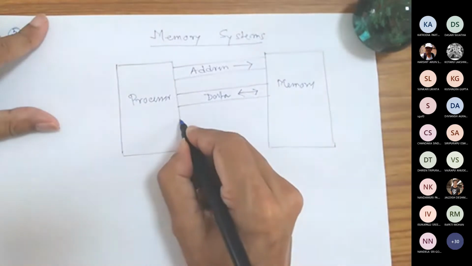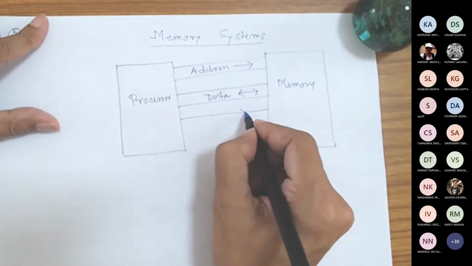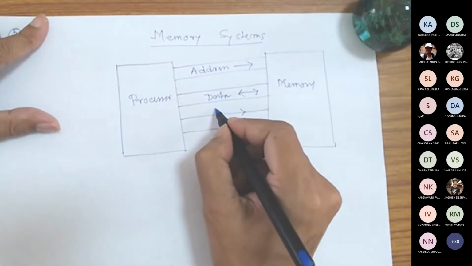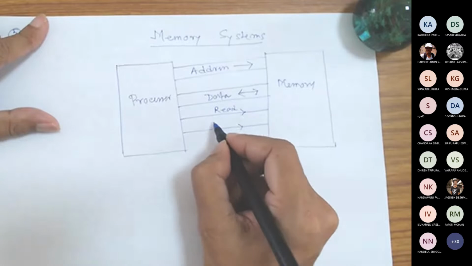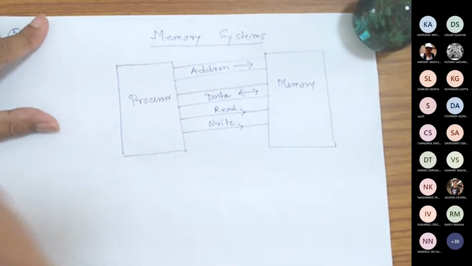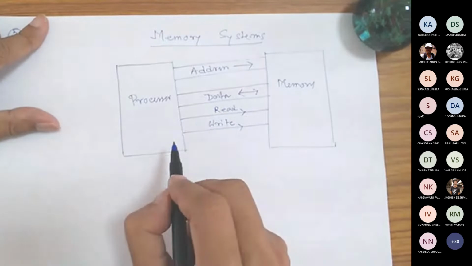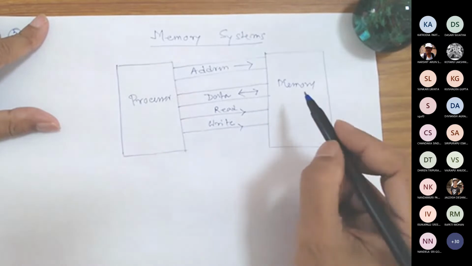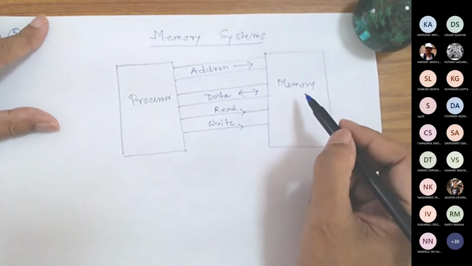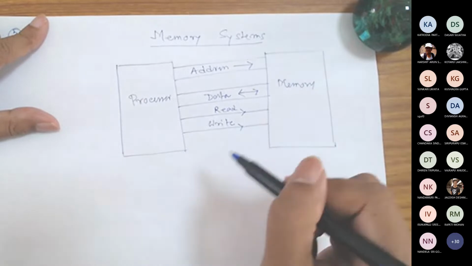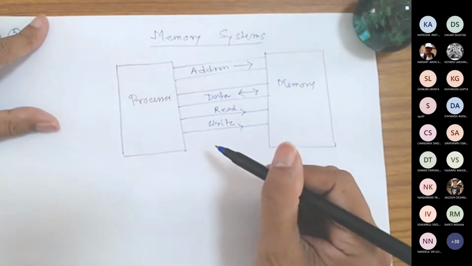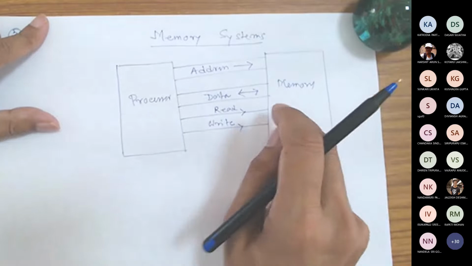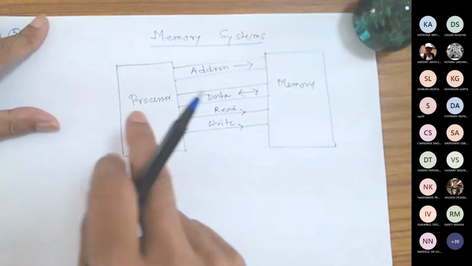For the time being, we will assume that there are two control signals. One is read, another one is write. So the read control signal is generated by the processor to the memory to read something. The write control signal is generated by the processor to write something into the memory. Read is to read something from memory to processor, and write is to write something from processor to memory.